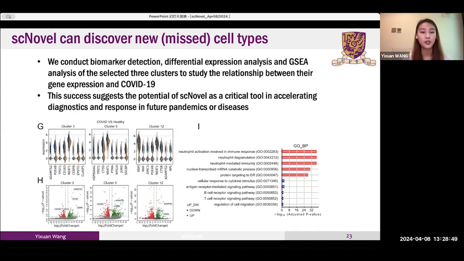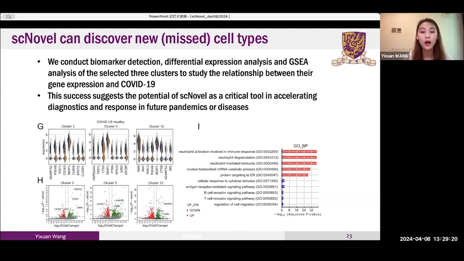We investigate the changes in the biological pathways between macrophages with differing COVID status and find a significant upregulation in the COVID samples, particularly in the neutrophil activation involved in the immune response. And this finding suggests the potential of scNovel as a critical tool in accelerating diagnosis and response in future pandemics or diseases.